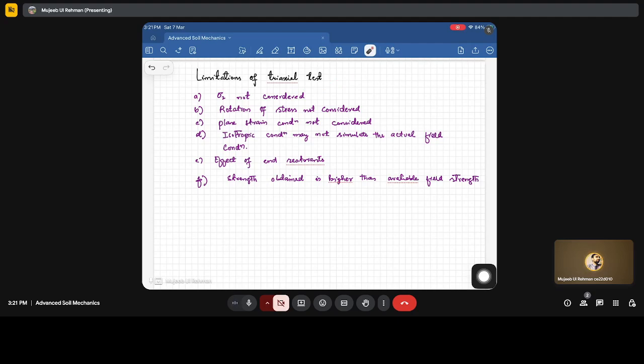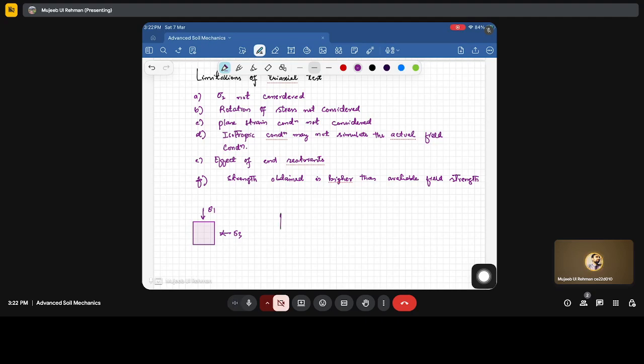And also rotational stress is not considered. Rotational stress means, if we have this test sample, sigma 1 and sigma 3 are always acting like this, correct? Fine. But in some cases, like earthquake or cyclic loading, there is a continuous change of these stresses.